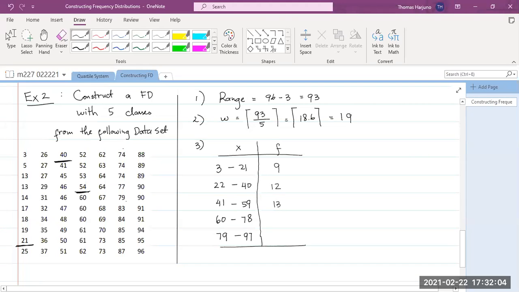Then from 60 to 78, there are 20. Then from 79 to 97, there are 16. I will add, I get 70. And that's it. We are done with constructing the frequency distribution.